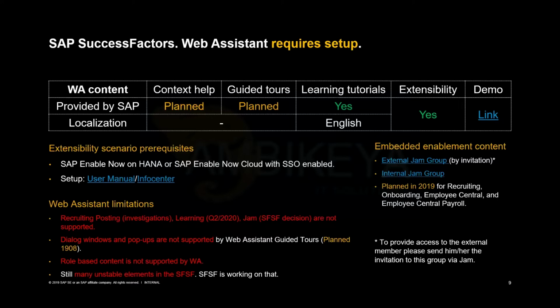But that is a major improvement in my eyes, because customers will regularly have external people using SuccessFactors. So this is incredibly important, even beyond SuccessFactors, but that was the major pain point for us in recent months.